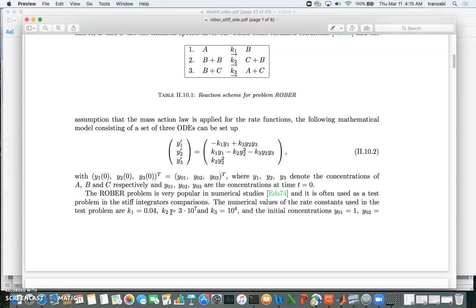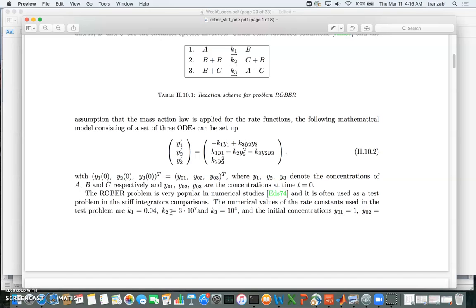So delta t, which is the interval along the time axis, should be proportional to the inverse of the rate. If the rate is large, then delta t should be small. And if the rate is small, then delta t can be large. Now, what if in a problem like this Robertson problem, we have two types of rates, the small one and the big one? We basically get stuck here because we don't know what delta t to use.